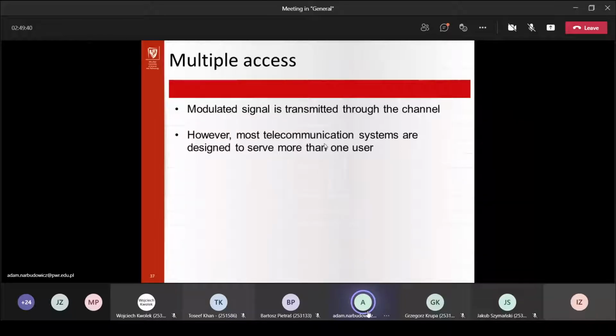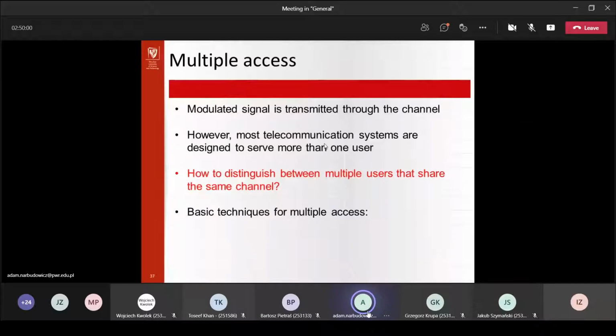Okay, and it's no different with radio signals or with wired signals, where multiple signals actually use the same wire. So how can we distinguish between the multiple users that share the same channel? There are basically a number of techniques.